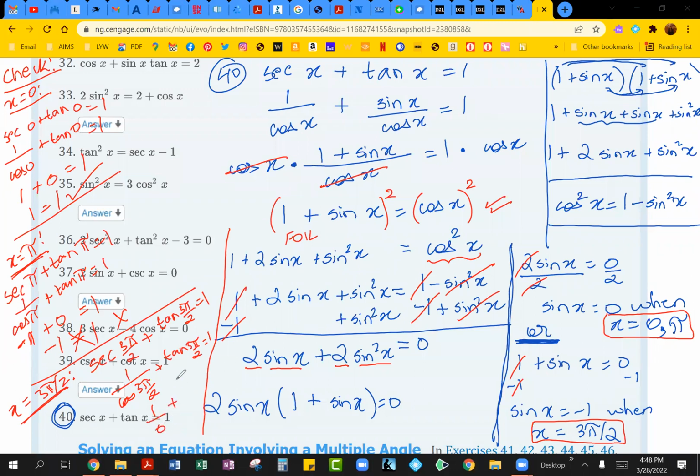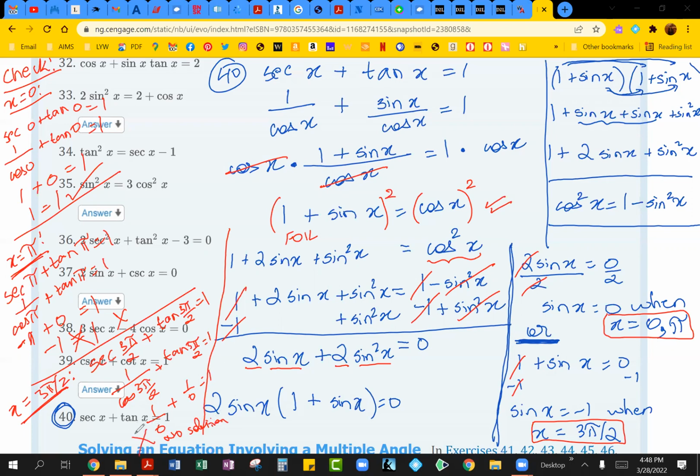And like Lucy mentioned, that is going to be no solution because you can't really simplify 1 divided by 0. So it doesn't matter what you get for tangent, but tangent will also come out to be undefined. You are going to end up getting no solution from here, which means this is also an extraneous solution.